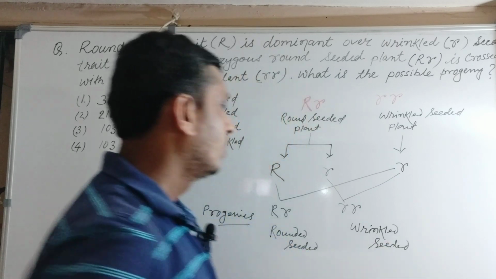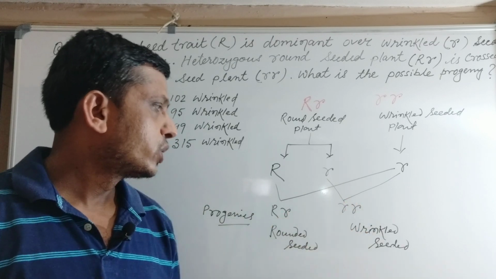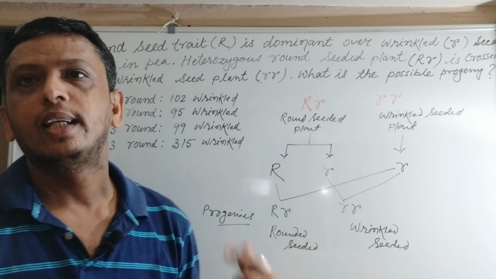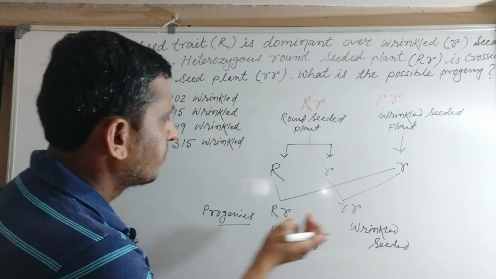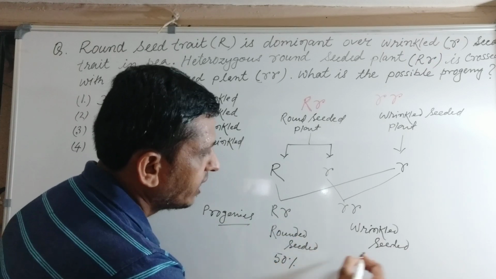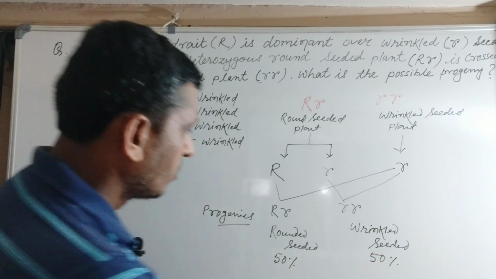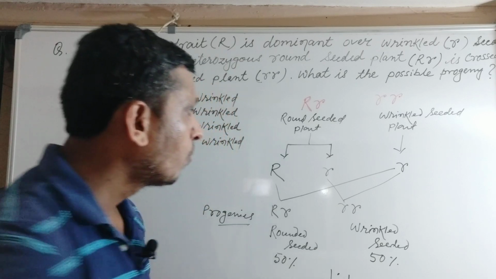So what is the ratio of these two types of plants, round seeded and wrinkled seeded? We are seeing that 50% of the plants will be round seeded and 50% of the plants will be wrinkled seeded. So the ratio is 1:1.